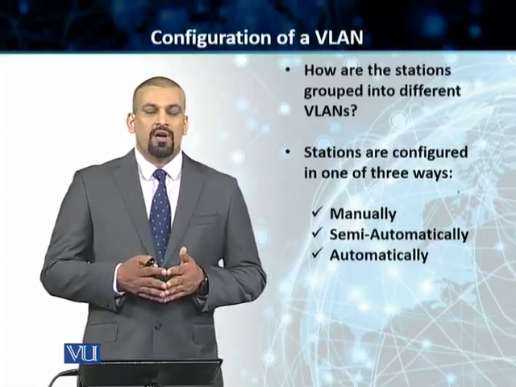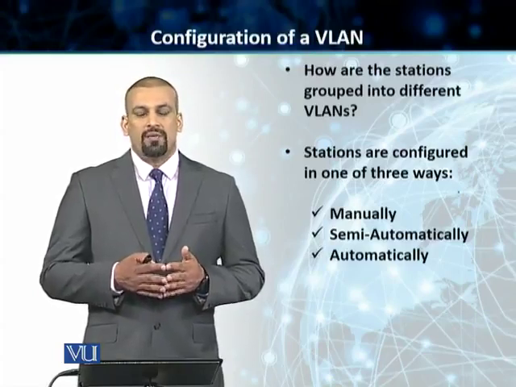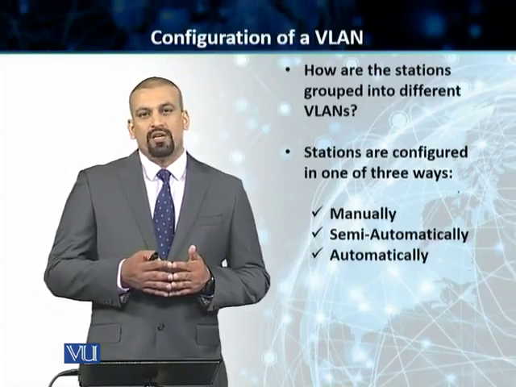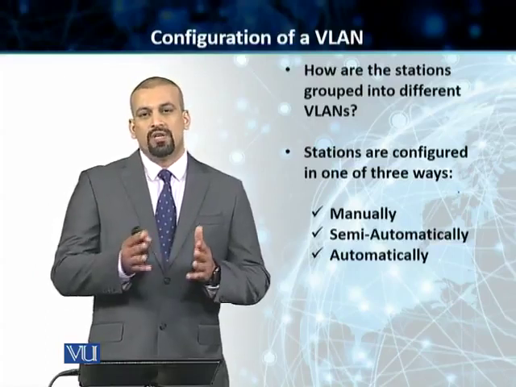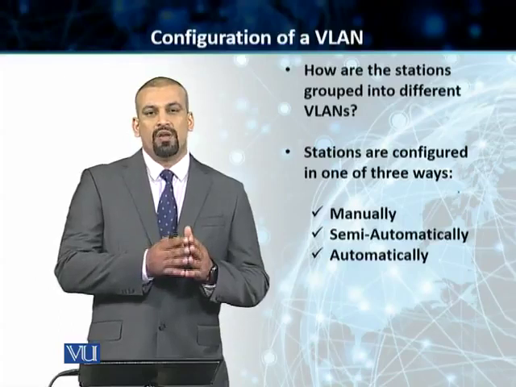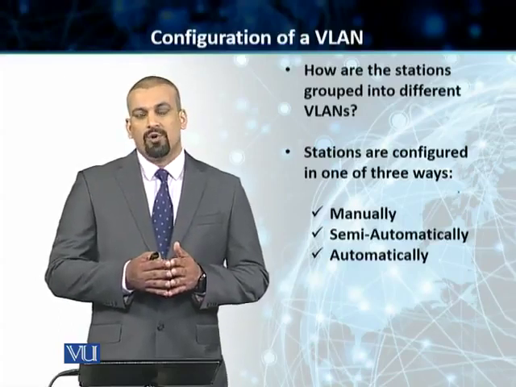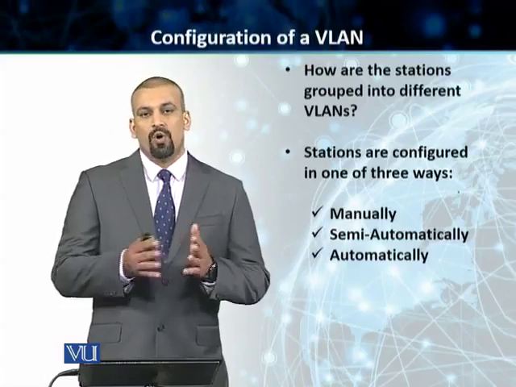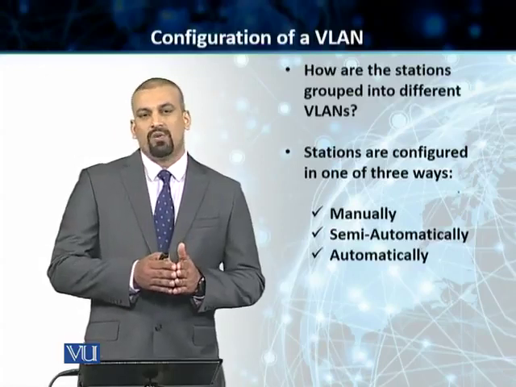In the case of a manual configuration of a virtual LAN, you've got a software, and you define membership criteria, and you manually choose the different users that you want to group together in the form of a particular VLAN. So you do all the grouping and the membership criteria by using the VLAN software, but you do it manually.